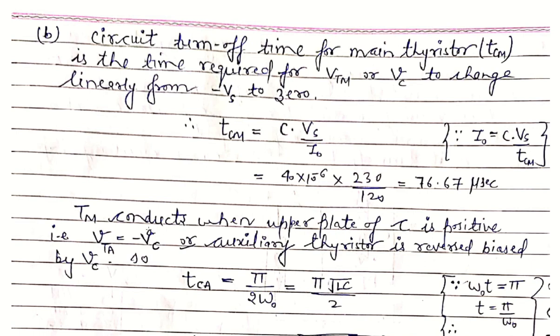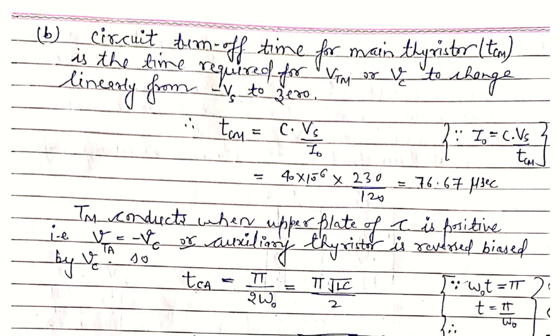I want to say that this amount of reverse voltage is applied across the auxiliary thyristor, because Tm will be on, so obviously Ta will be in reverse bias condition, one thyristor will be on at a time. So VTA is minus Vc, this amount of voltage will be applied to keep the auxiliary thyristor reverse biased by Vc amount of voltage. Vc is already assumed to be Vs, that is the full DC bus voltage.